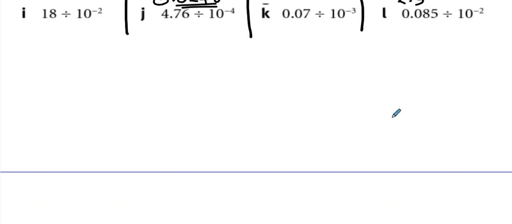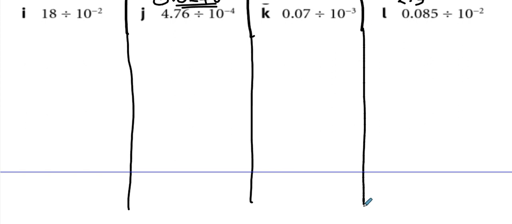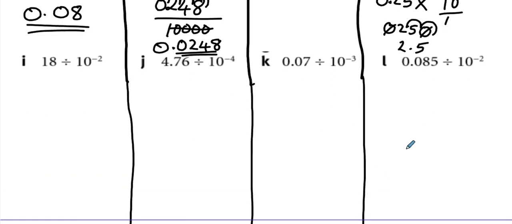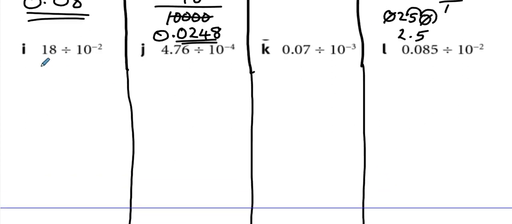Alright, here we go to the next question. Extend the borders like so. Then we are good to go. We have 18 divided by 10 power negative 2. We have a negative power, so do the reciprocal of that. This will be 10 to the power 2. 10 power 2 means 10 times 10, which is 100.